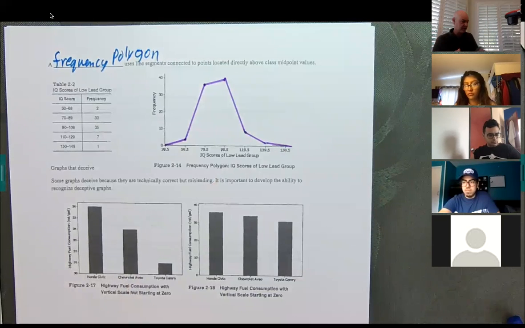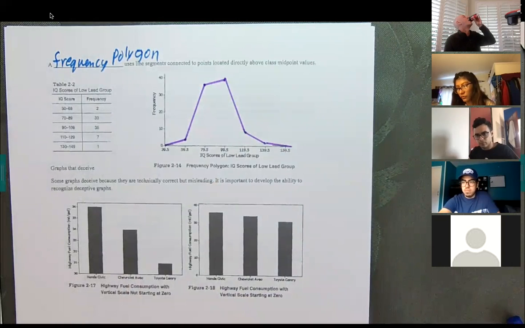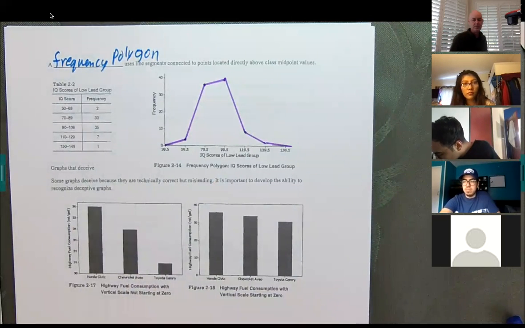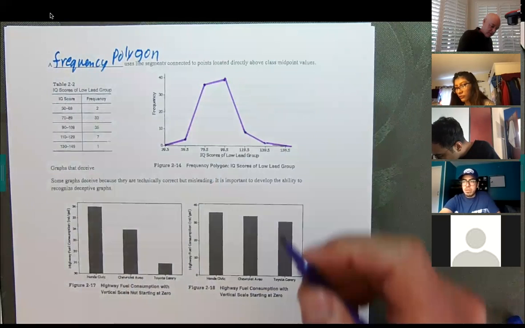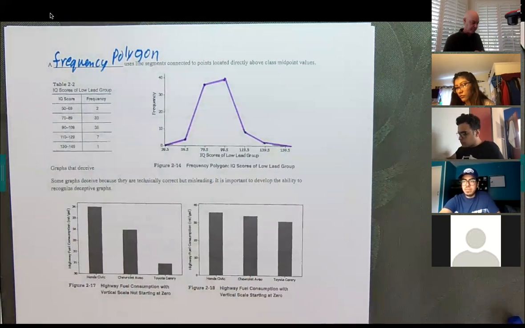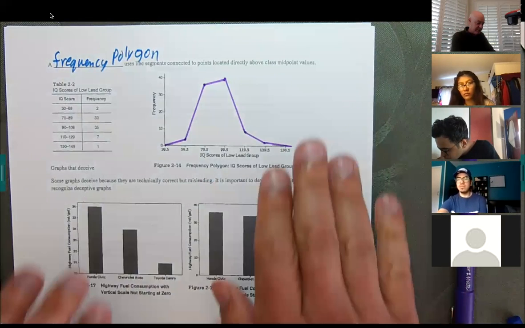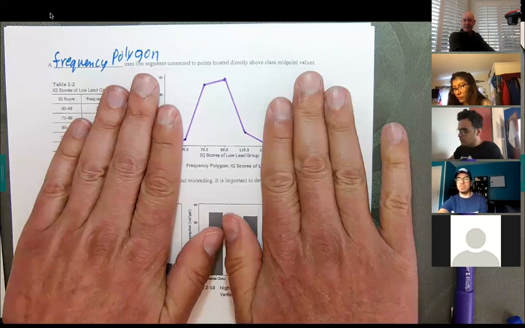There's our frequency polygon. Let me just give you a minute to finish copying that down. And again, this very nicely shows that we can see most of the data is in the middle.